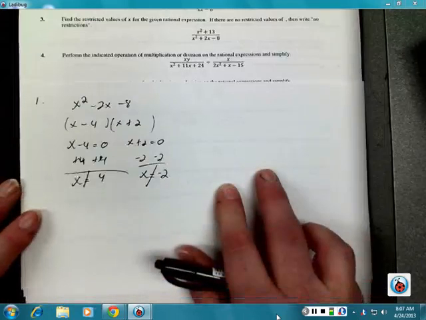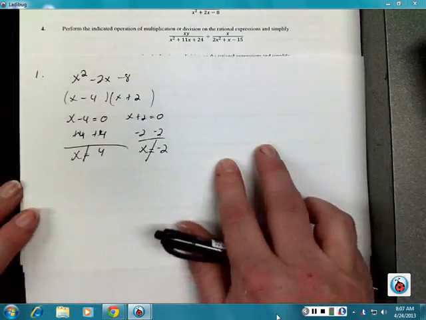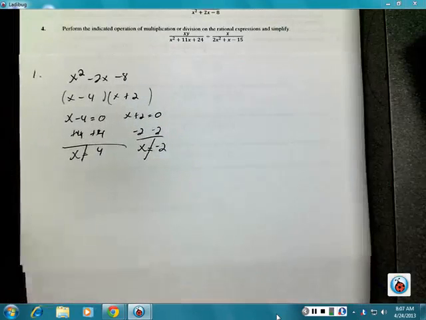Then if we make it down to problem 4, problem 4 is perform the indicated operations of multiplication or division on the rational expression and simplify. So what do we have to do with this thing? What do you guys think? Flip who?